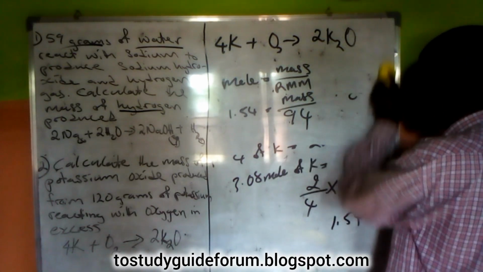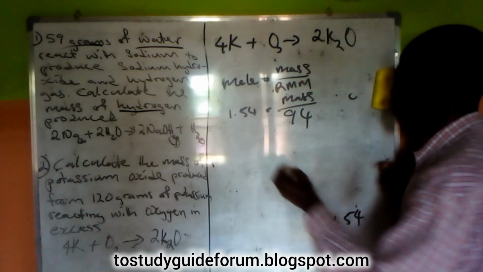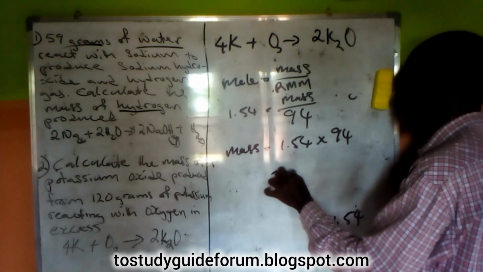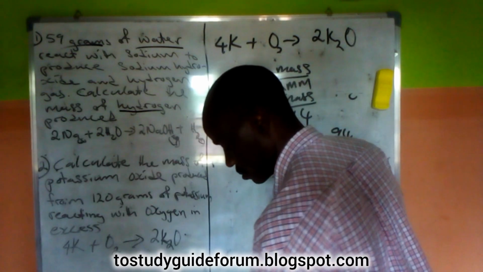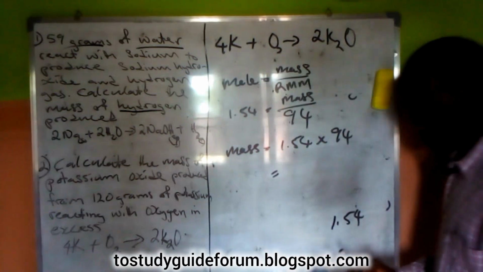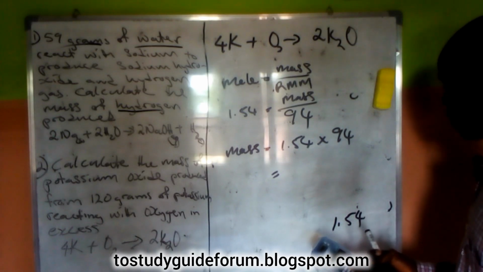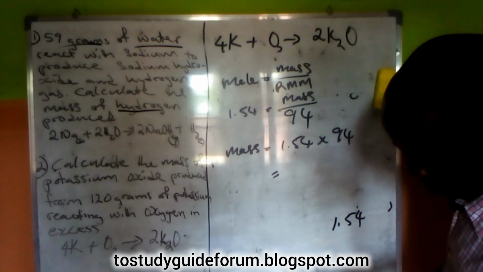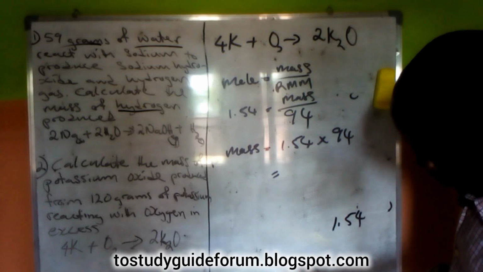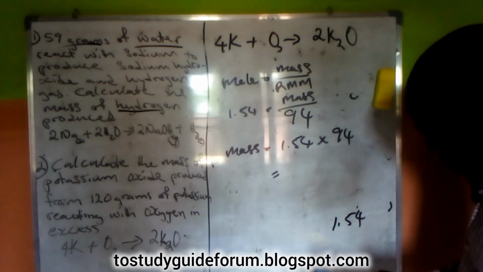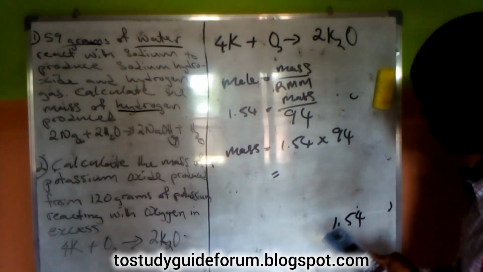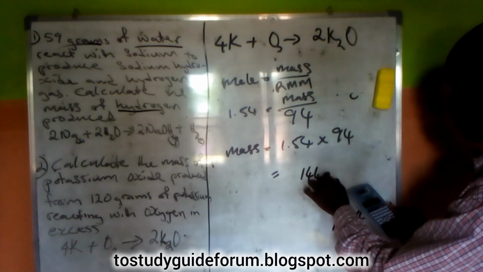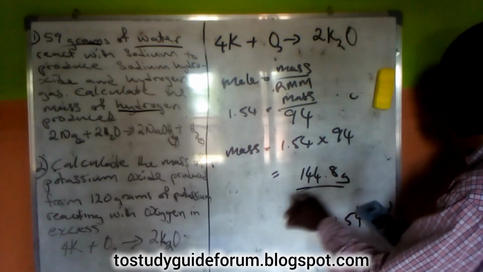Mass will be 1.54 multiplied by 94. That will give us 144.8 grams. That is what we have.